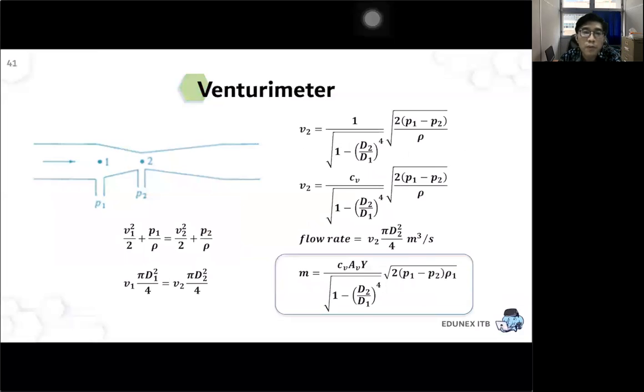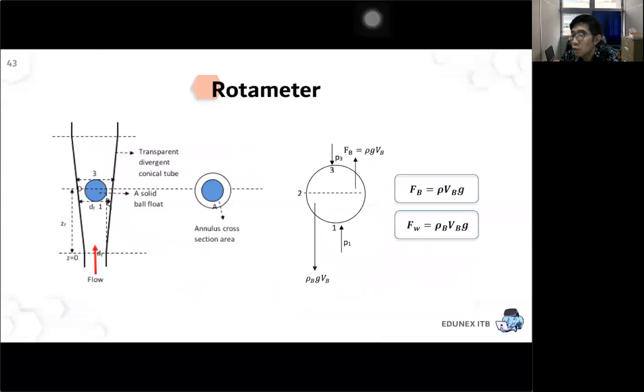And also the same for the venturimeters. Basically, by changing the diameters inside the pipe, you can change the velocity and also the pressure. The change of pressure can be measured directly by putting manometers. That's all that we discussed in our last lecture.